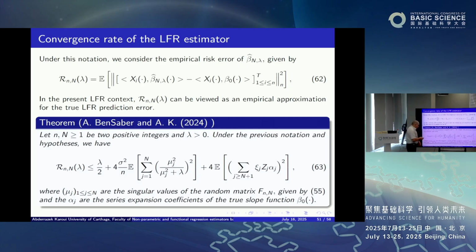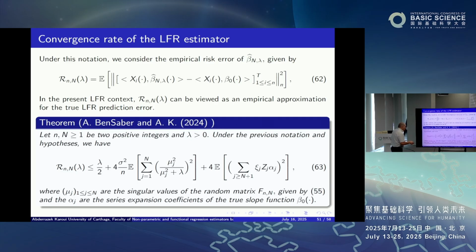Again, there is a bias and a variance term in the risk error. And the variance term includes what? It includes the expectation of this quantity. These quantities are the singular values of the random matrix F_nn.